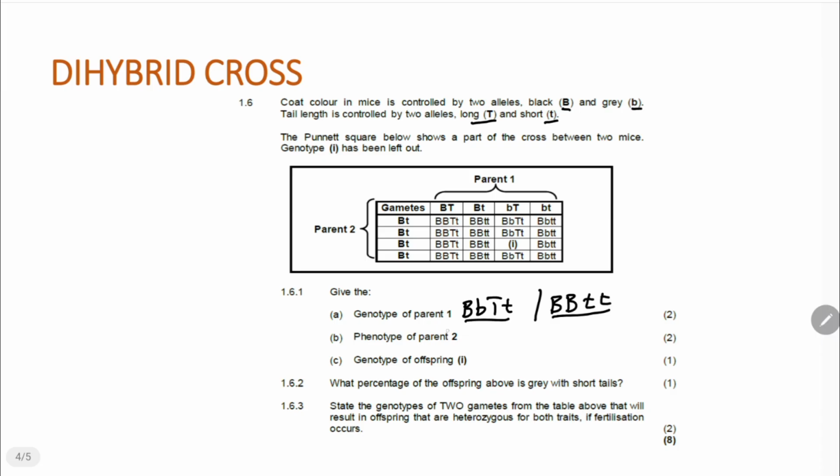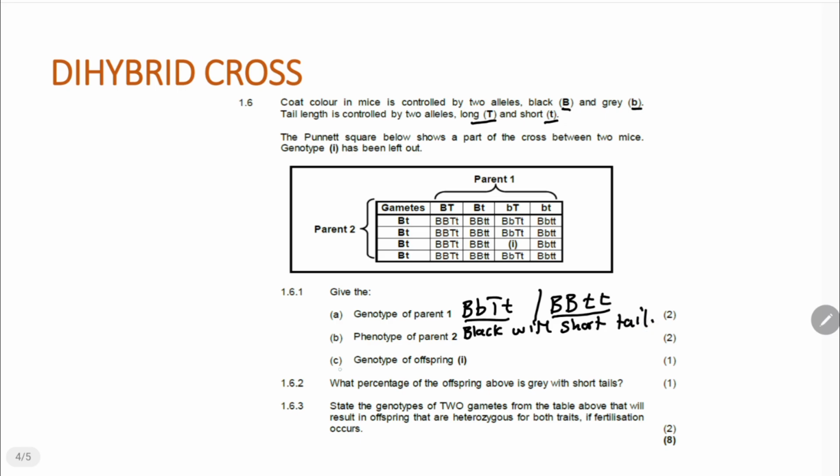So if we're to talk about the phenotype of parent number 2, it will be black coat color with a short tail. That is the phenotype, right?